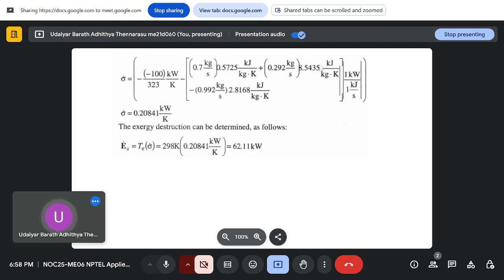So substituting all, and my surface temperature is 50 degrees Celsius, so this is 323, so minus Q by T of the surface.